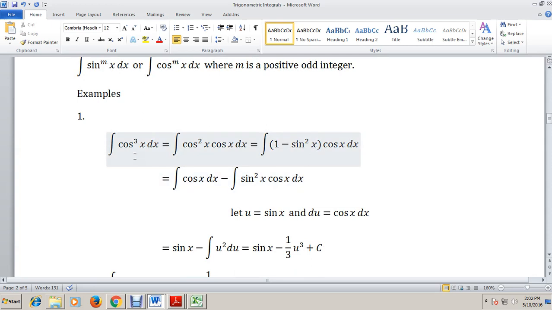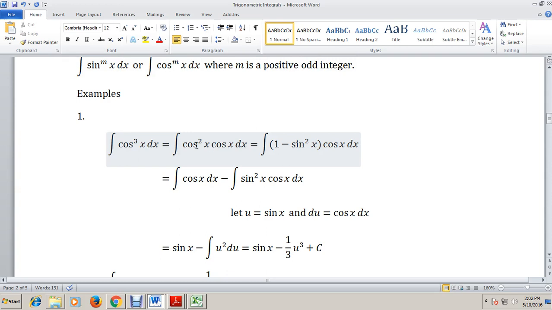What we need to do as an initial step is to separate your cosine cube into two factors. One of the factors is the base form of the trigonometric function, which is cosine x.